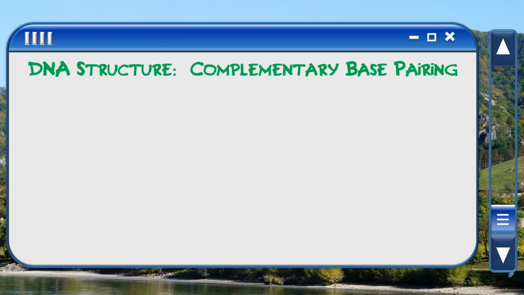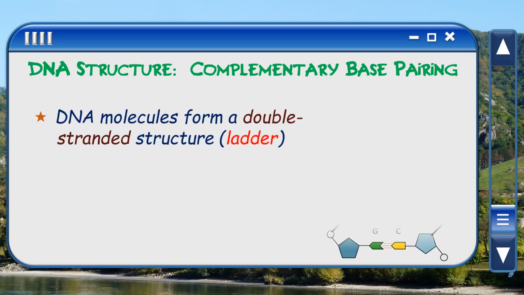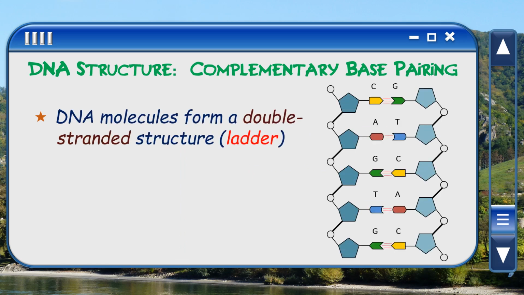Let's look at the DNA structure. Complementary base pairing. The DNA molecule forms a double-stranded structure, which we call a ladder. That is the structure of the DNA molecule.